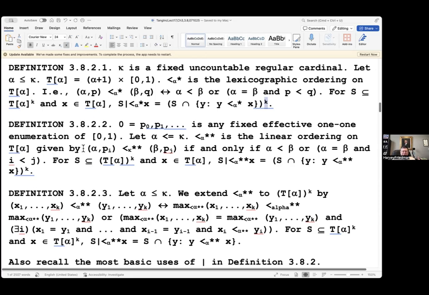Now we needed to fix the effective enumeration of these rationals. And it's important that we also have a second, quite different kind of linear ordering on T alpha, which is given as follows. It's lexicographic, but we use the subscripts on the second coordinate, and we use i less than j.